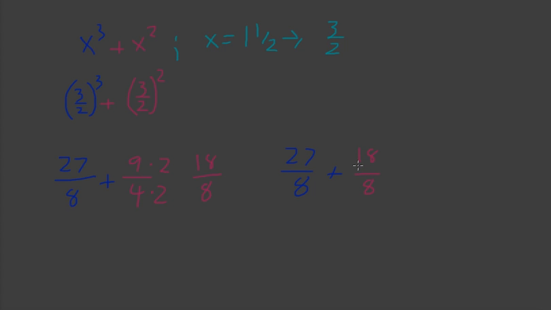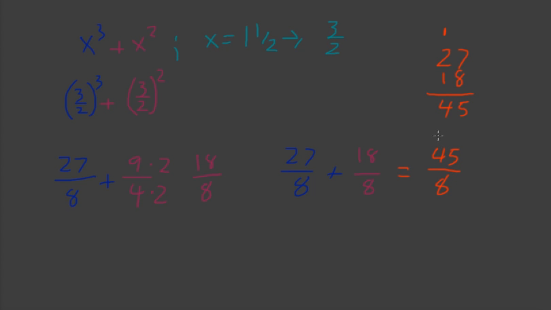That is going to be, if I'm not mistaken, 45. Just to double check, 27 plus 18: 7 plus 8 is 15, carry the 1, yep, 45. So it's going to be 45 over 8, and 45 over 8 is the answer.